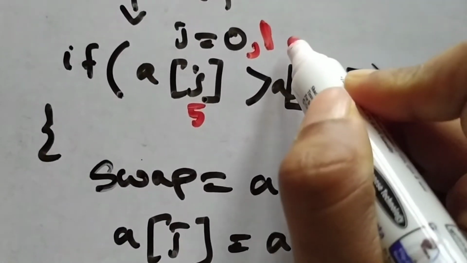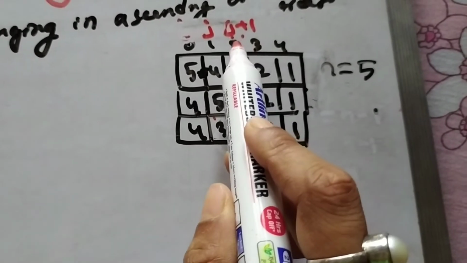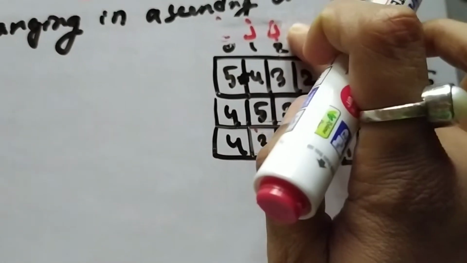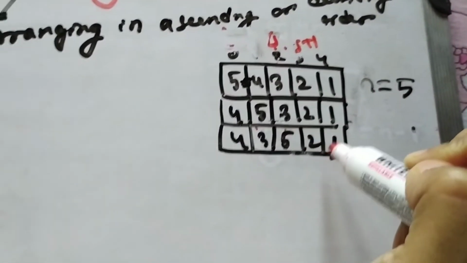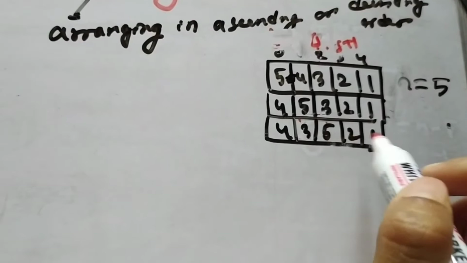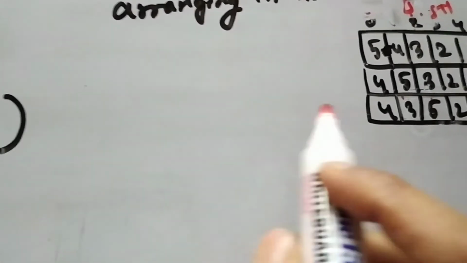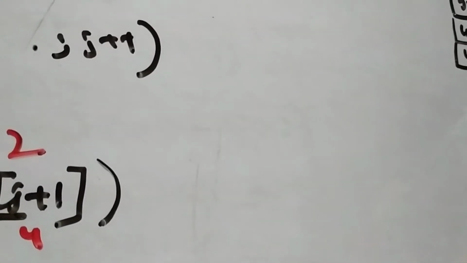Now again the value of j becomes 2, and j plus 1 becomes 3.